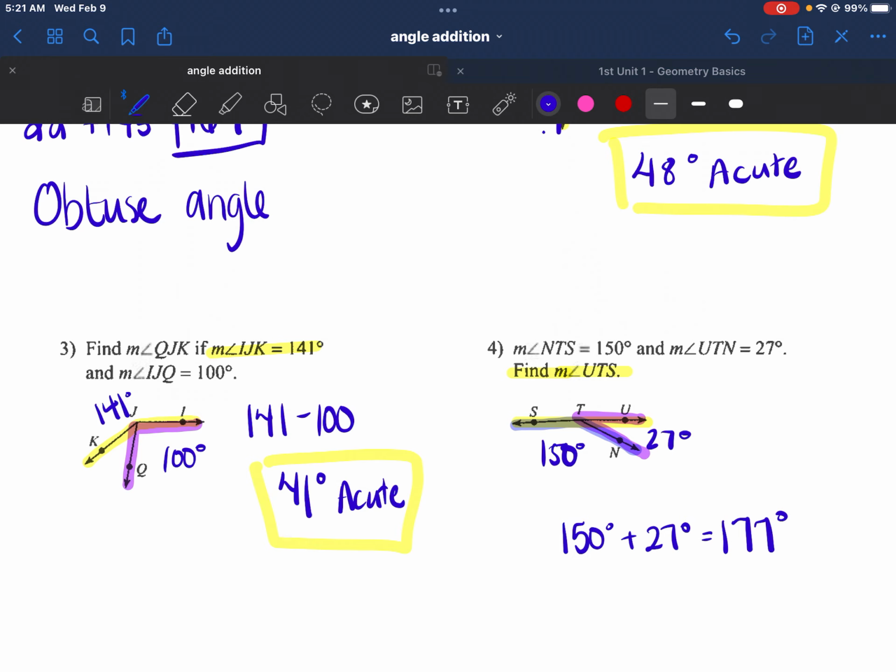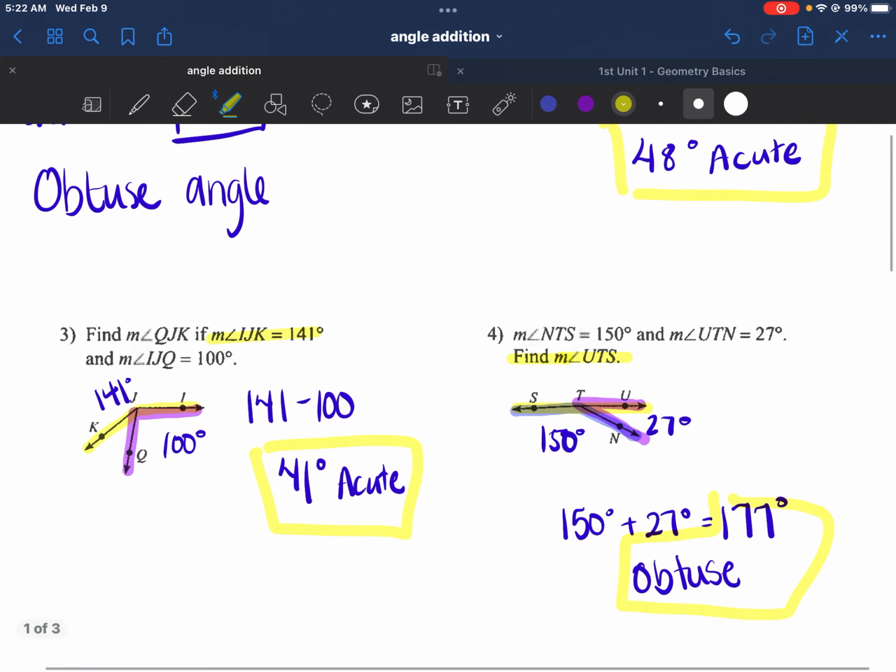And we know that is an obtuse angle. Okay? Straightforward. Make sure you write down any questions you may have or any confusion, because you're going to have a test on this. I mean, a quiz.